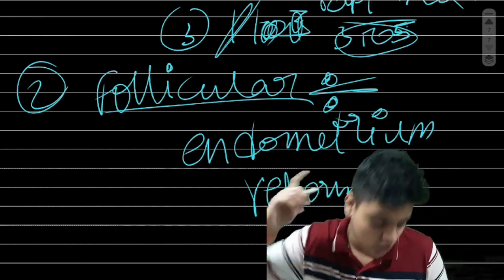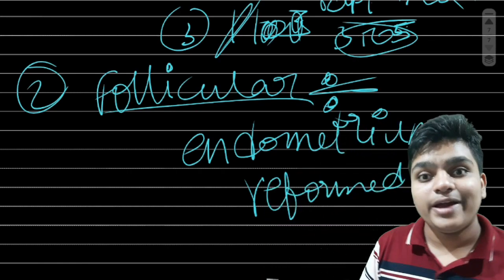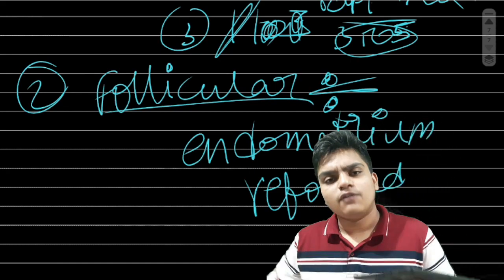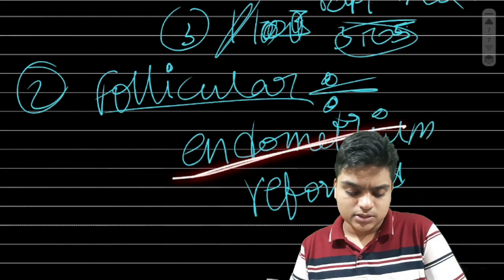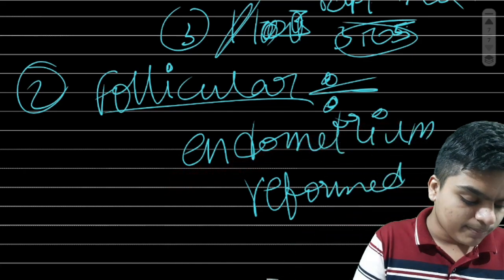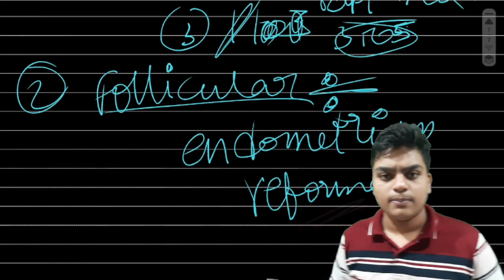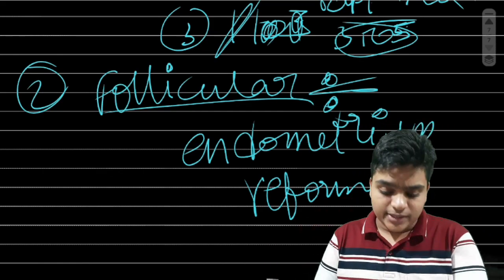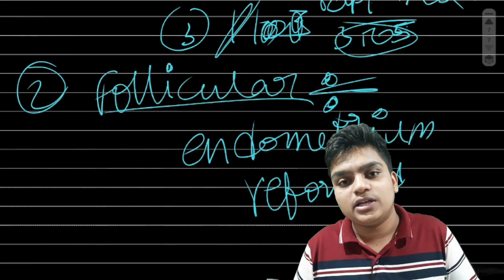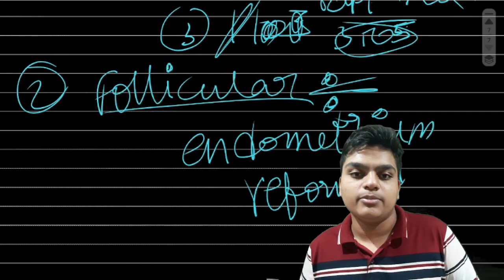Then your answer should be the follicular phase. Why am I calling it the follicular phase? Okay, you have told us that it is called the proliferation phase because the endometrium is regained by proliferating. Now, why is it called the follicular phase? What is the link between the follicular phase and the endometrium?